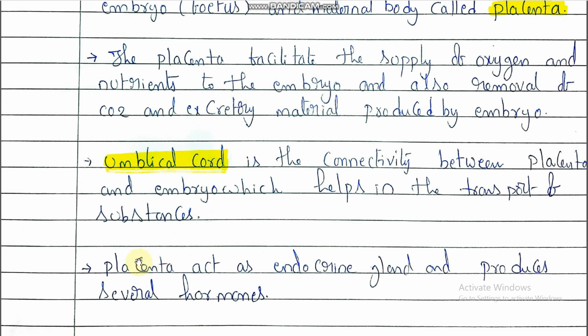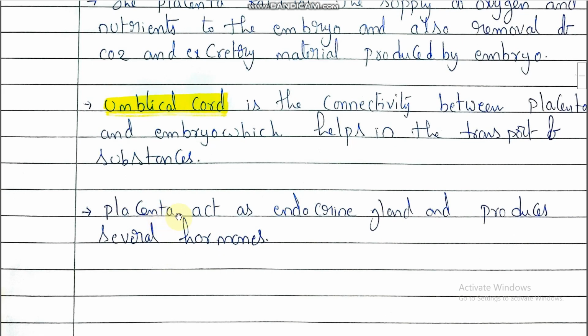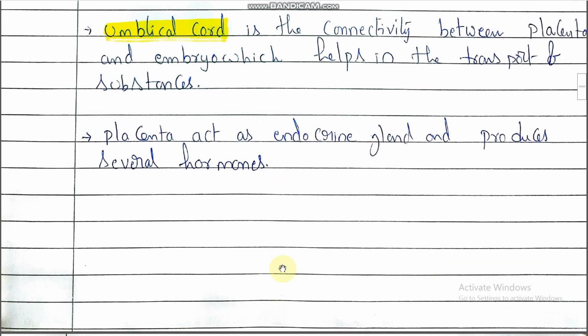And the major function of the placenta is that it acts as an endocrine gland and produces several hormones during the gestation period. Gestation means the period of embryonic development. Up to this, is it clear to all of you, right?